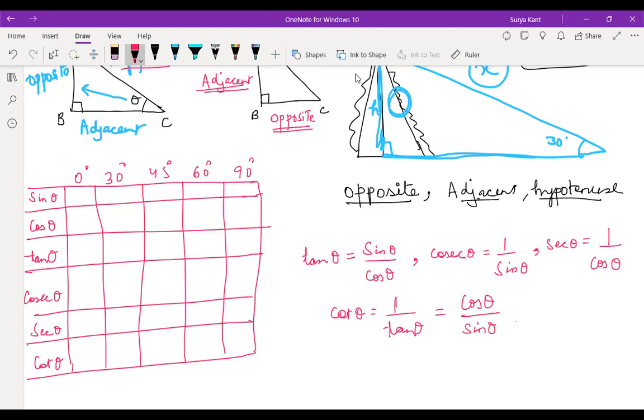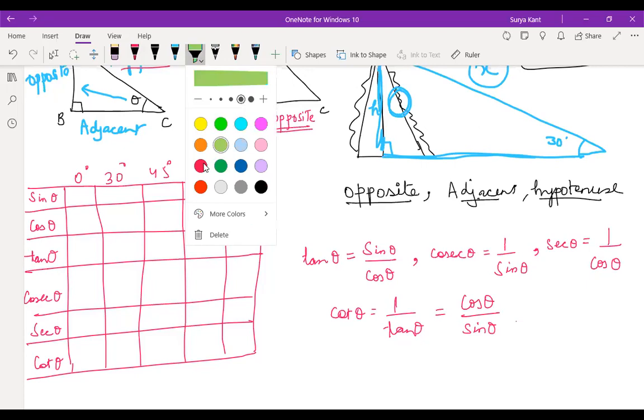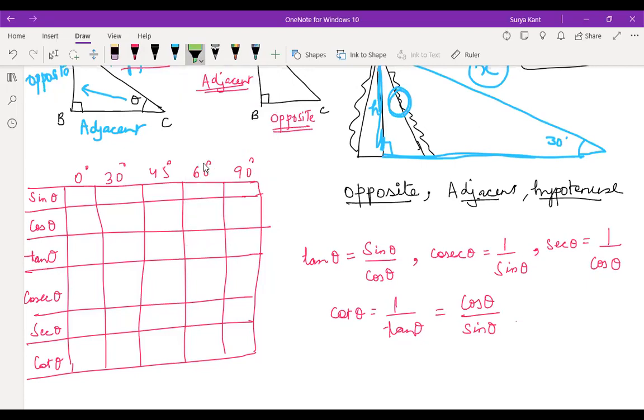So first of all, children, you should know all these things, then only we can write the formulas. If you know sine and cos, you can find tan, that is the ratio of sine and cos, right? If you want to find cosec, then you take the reciprocal of sine theta.